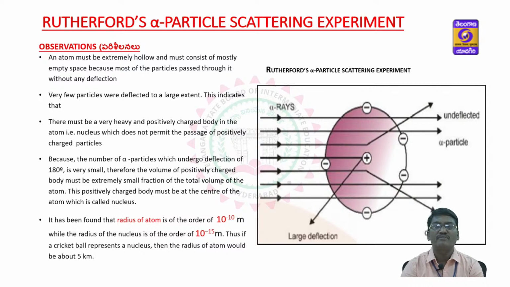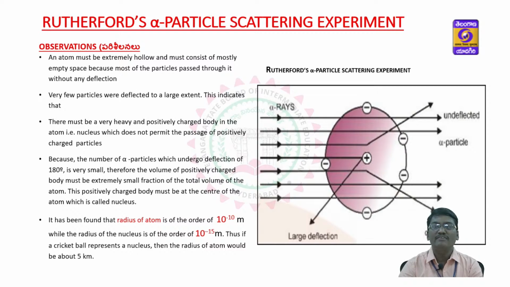Because the number of alpha particles deflected at 180 degrees is very small, the volume of the positively charged body must be extremely small compared to the total volume of the atom. If the atom is very big, the middle is very small. This positively charged body at the center of the atom is called the nucleus.